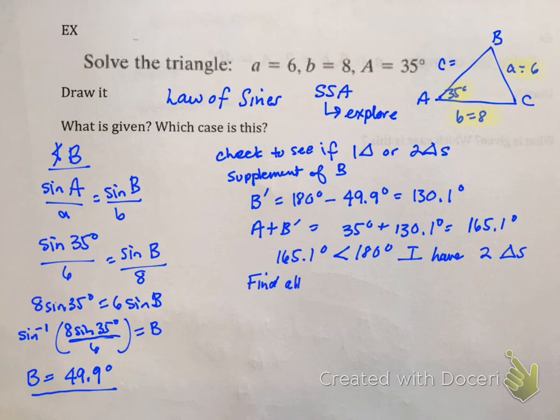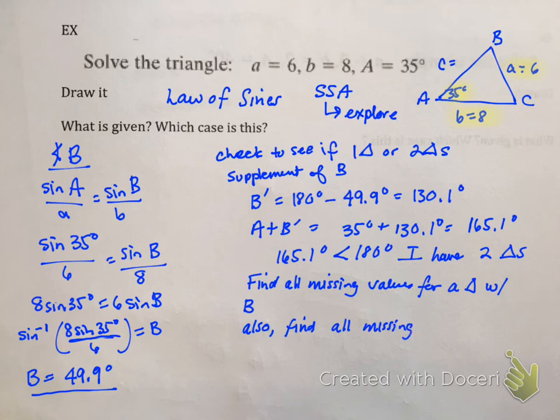So what that means is I have to find all missing values for a triangle with B. So I'm going to have to find angle C and side C, and then I also have to find all missing values for a triangle with B complement.